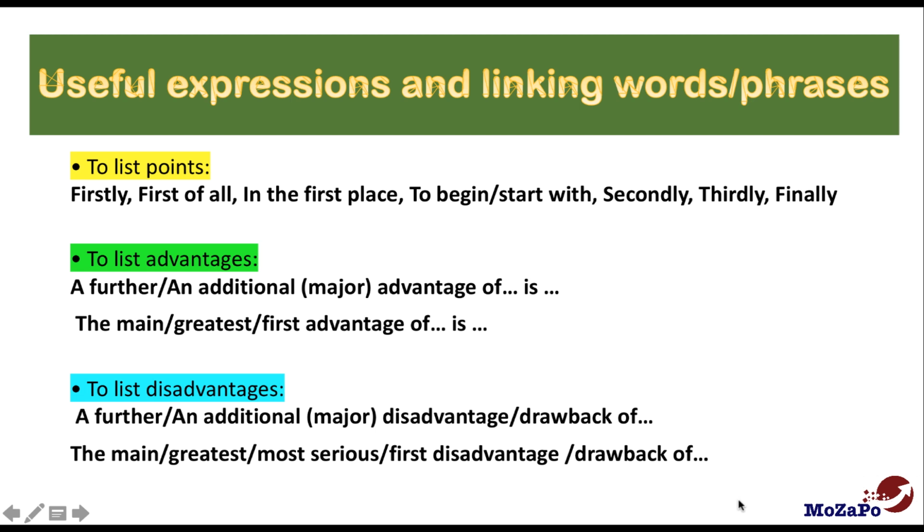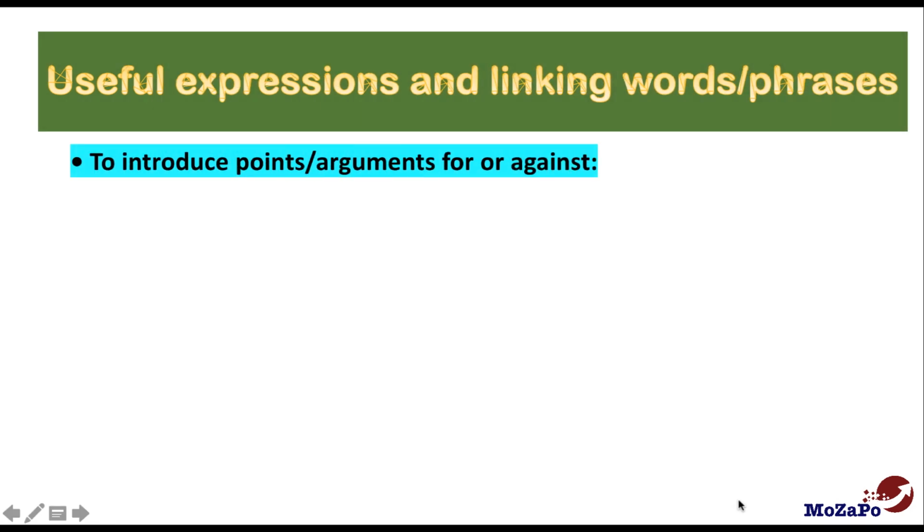Again, here, for example, the main disadvantage of something is, and so on. You can just choose some of them in your writing, and you can make your writing much better. Or another negative aspect of something is.